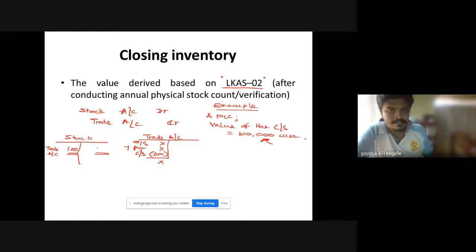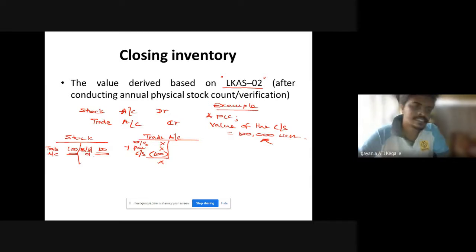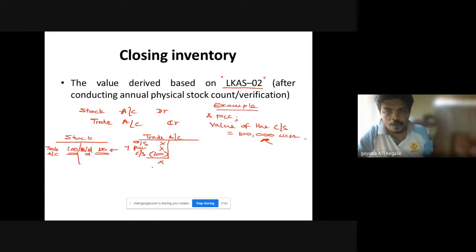Now we can balance our stock account, with the balance brought down. This amount we are showing in the statement of financial position under current assets.